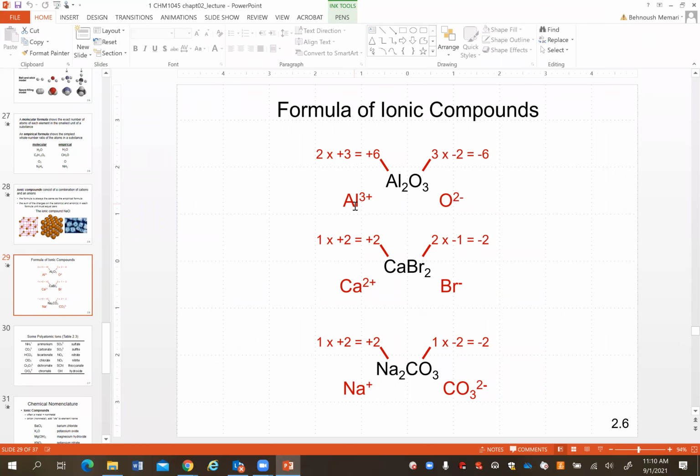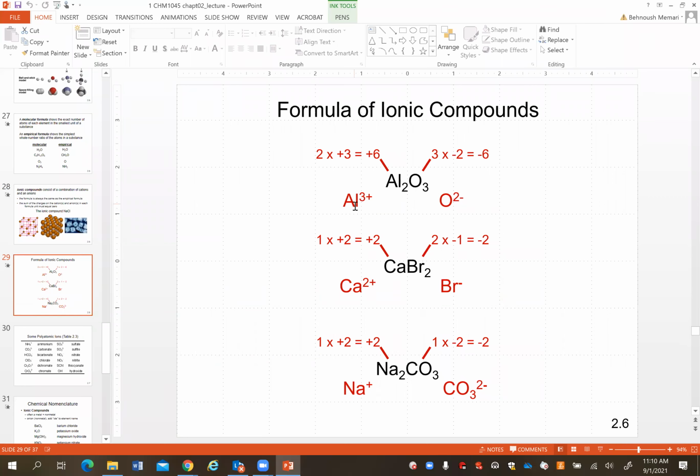That means neon has 10 electrons and argon has 18 electrons. So for aluminum to be stable, its number of electrons has to be like one of these two, either neon or argon. Does it make sense?